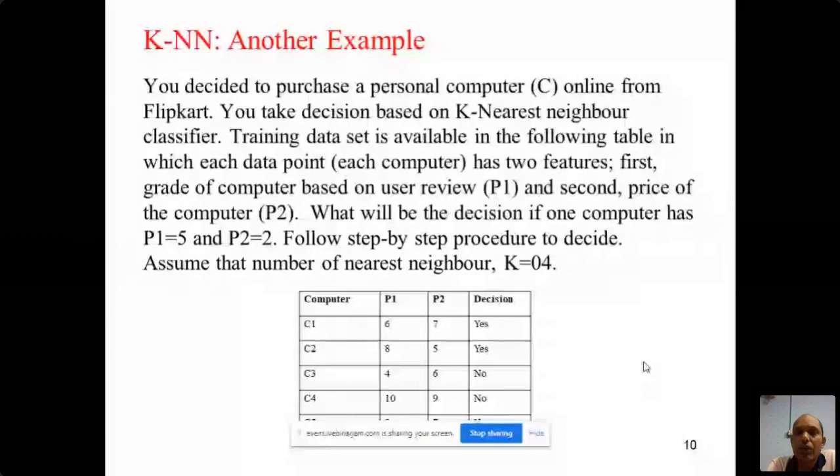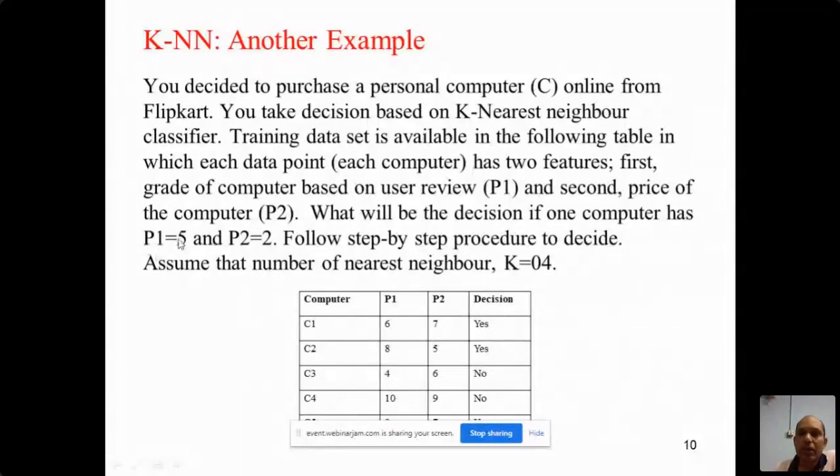Again you have to follow the step-by-step procedure to find the decision for this particular computer, whether you are going to purchase it or not, where P1 equal to 5 and P2 equal to 2.